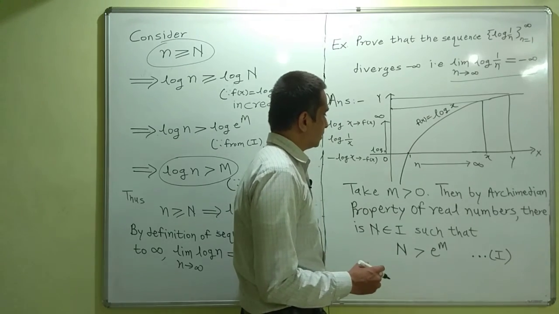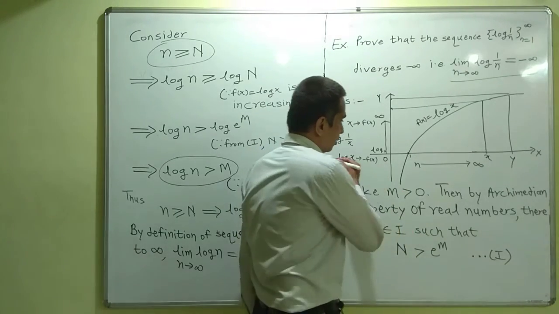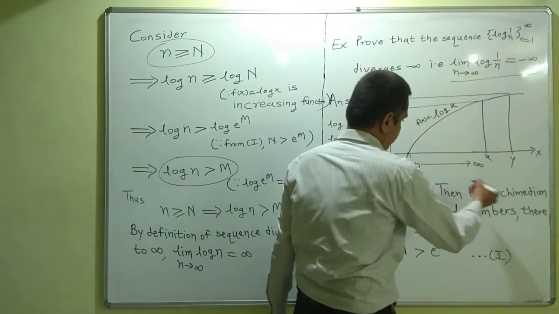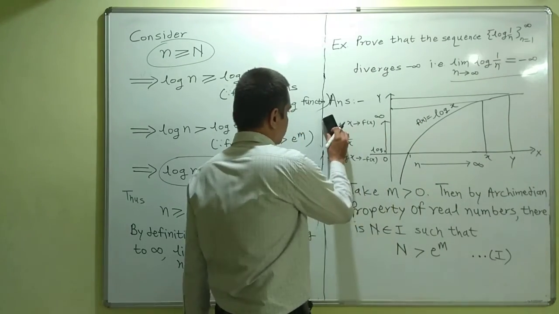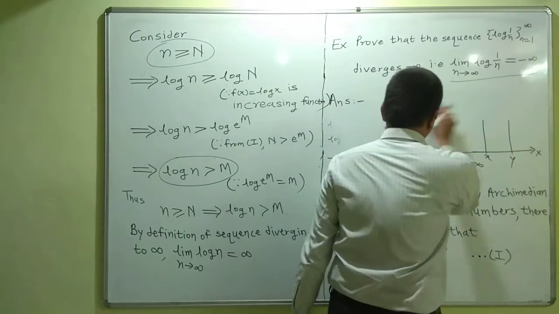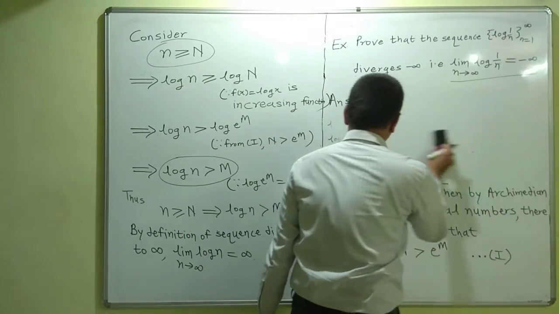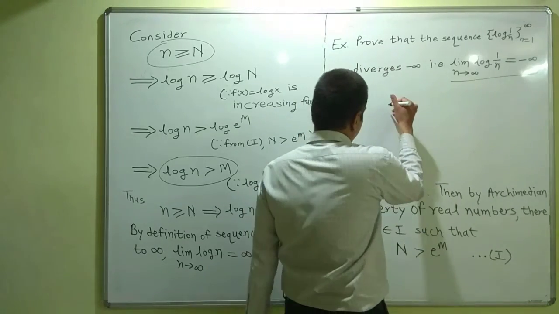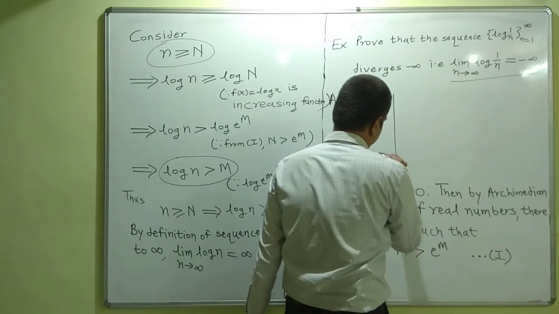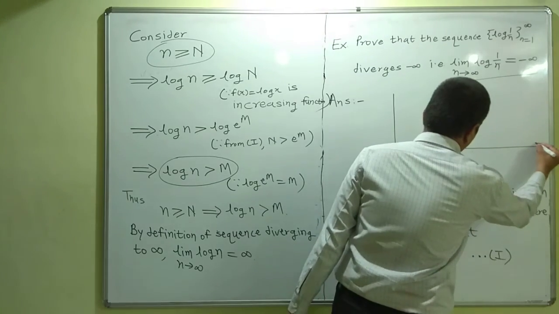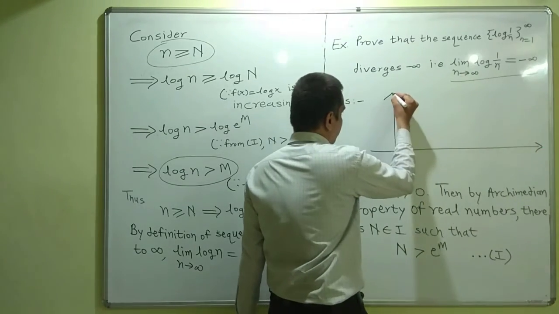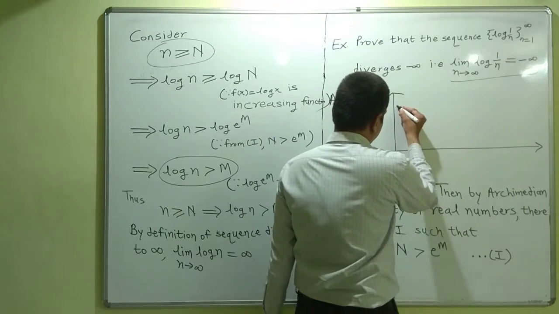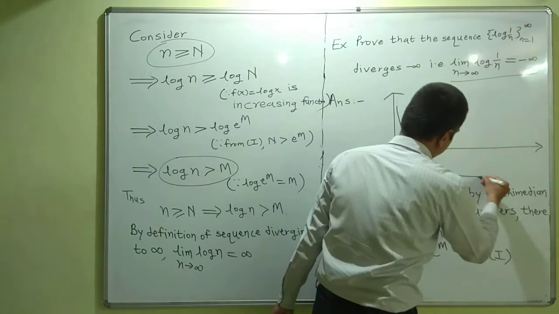How will the reflection be? Along the x-axis I have to take the reflection. So it will be like this. Let me draw it for you. So it is always better to remember graphs of standard functions. It is like this, and this is the graph of f(x) equals log of 1 by x.